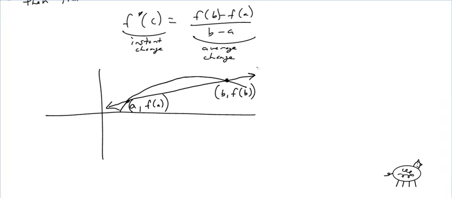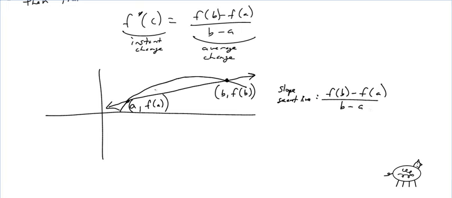To find the slope of the secant line, it's just going to be f of B minus f of A all over B minus A. Okay, that's just using y2 minus y1 over x2 minus x1.